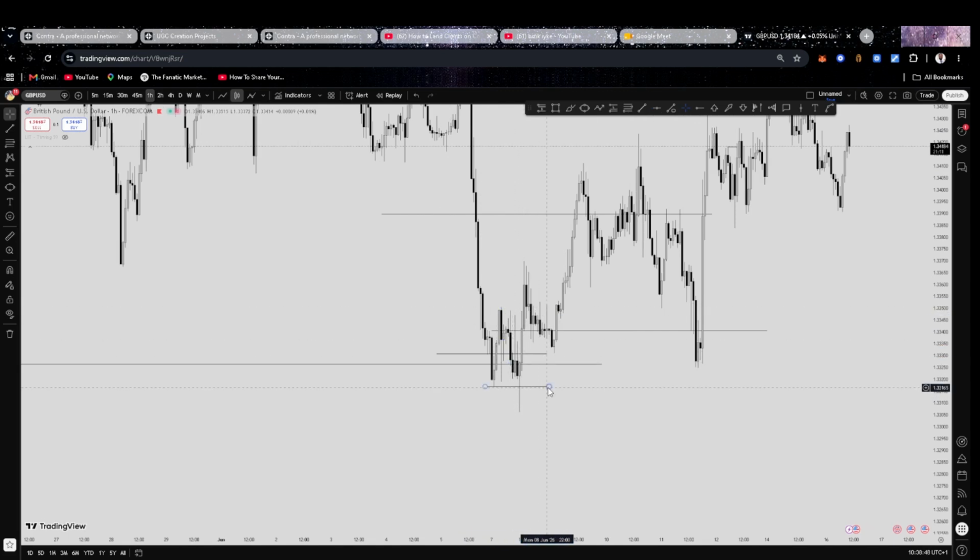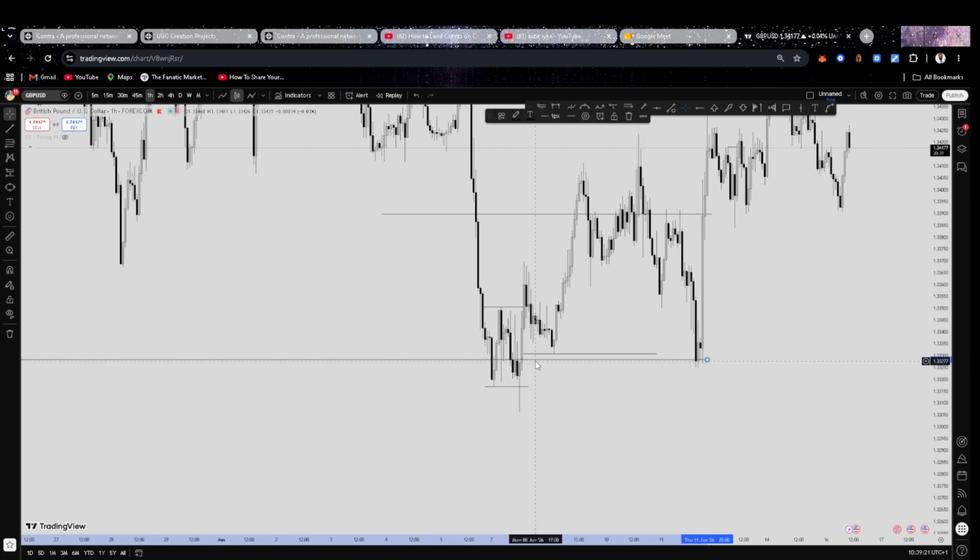We had a sweep of liquidity right here, and we had the break of structure right here, and we had the structural liquidity right here. After a break of structure, we had our structural liquidity. Now our entry can come from this key level right here.